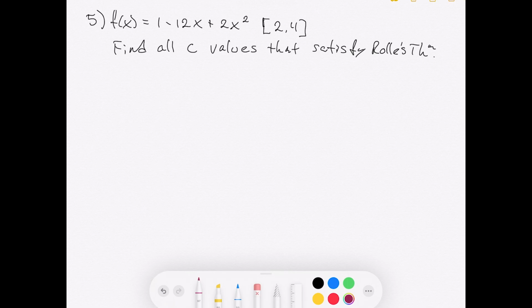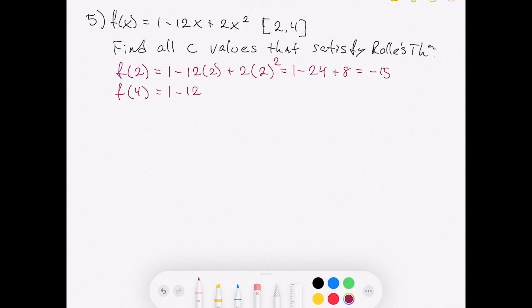So let me grab a different colored pen and let's make sure that we're satisfying the conditions of Rolle's theorem. The first thing we have to make sure is that the slope of the line that connects the beginning and end points of the interval is 0. Let me tear through some arithmetic real quick. These are the x coordinates of our beginning and ending points, and these are the y coordinates.